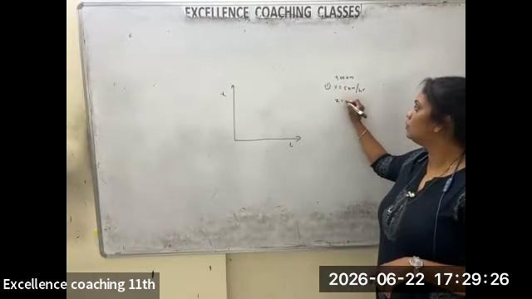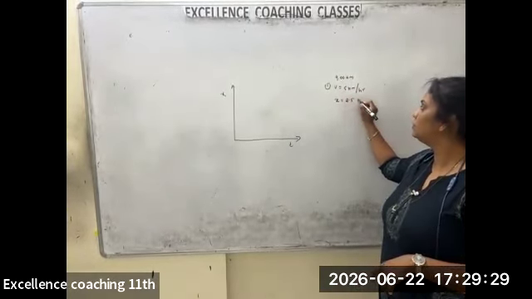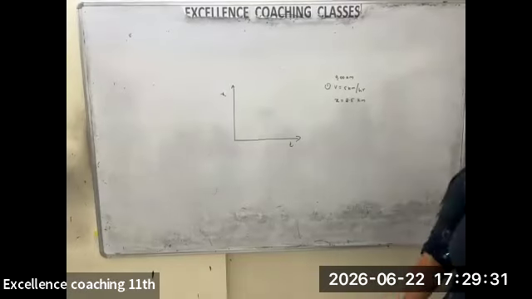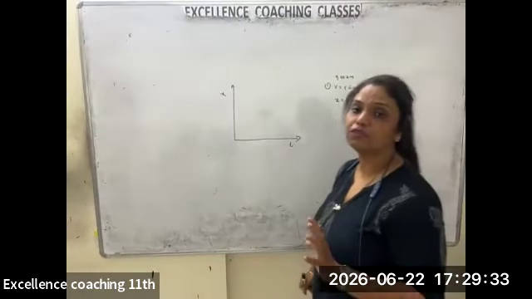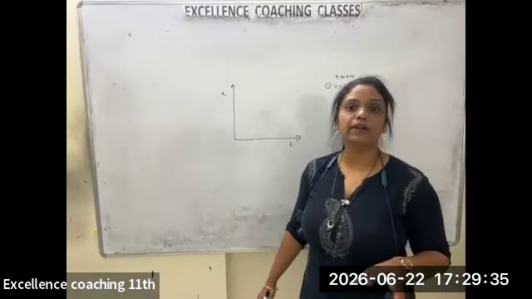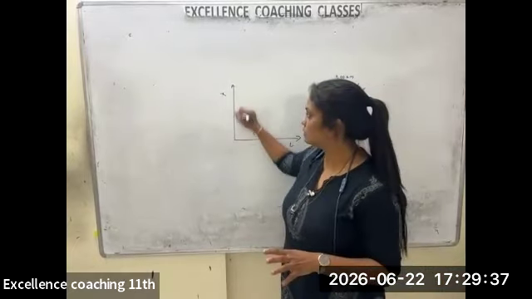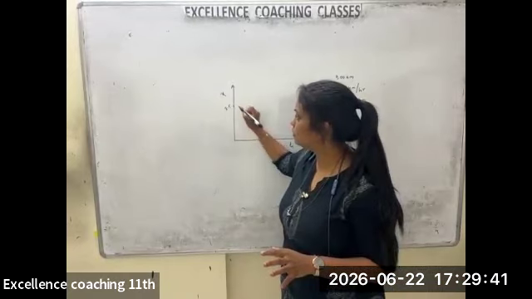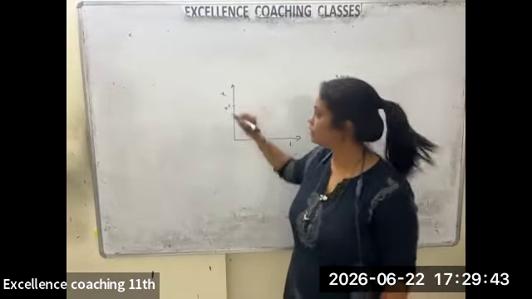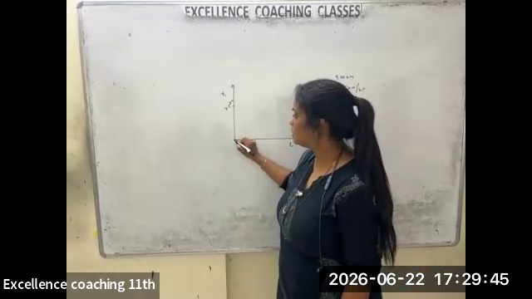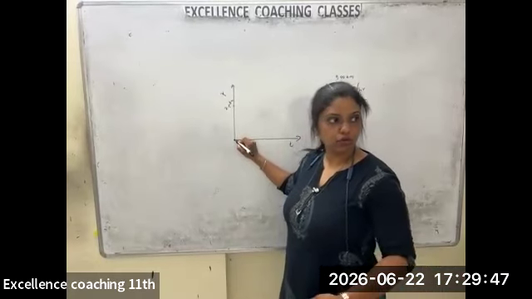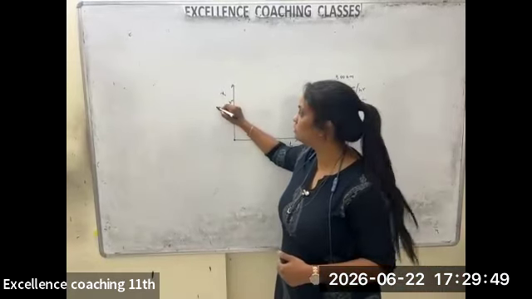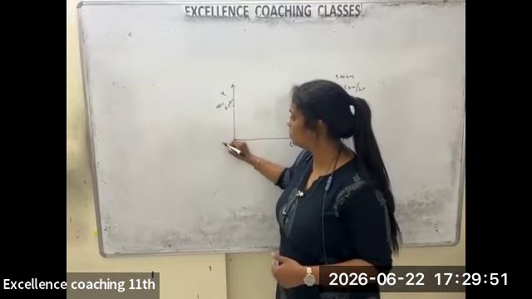So how far is the office first of all? 2.5 kilometers away. So the distance will be a maximum of 2.5 kilometers. Yes or no? This is the home, say 0. From home to office, so this is the office and this is the home.